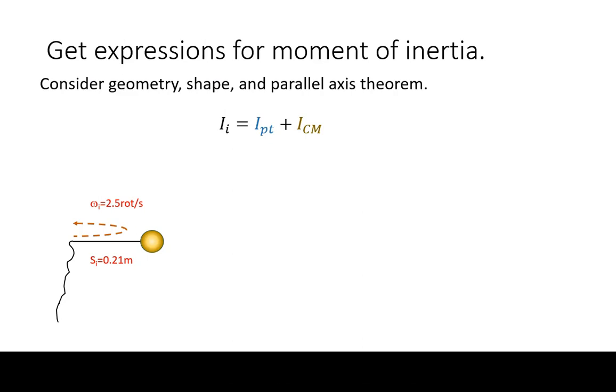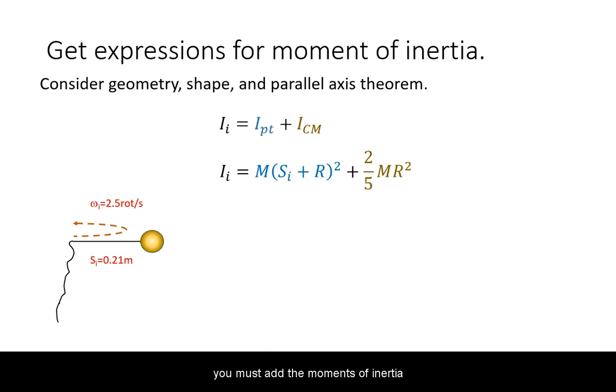Start by getting expressions for or calculating moments of inertia. In this example, we must apply the parallel axis theorem for such calculation. In parallel axis, you must add the moments of inertia of the object through its center of mass plus the moment of inertia treating it as a point mass.